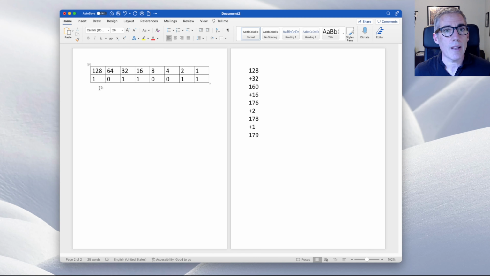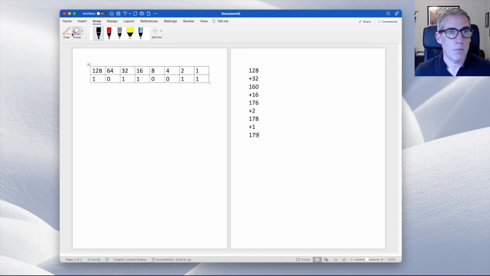Now let's say we wanted the next number here. What's the next number after the 179, after 1011 0011? Well, the way we add in binary, let's use the marker on that. I say I want to add a 1 here. And it's the same thing we just did in decimal. 1 plus 1 in binary equals 0.